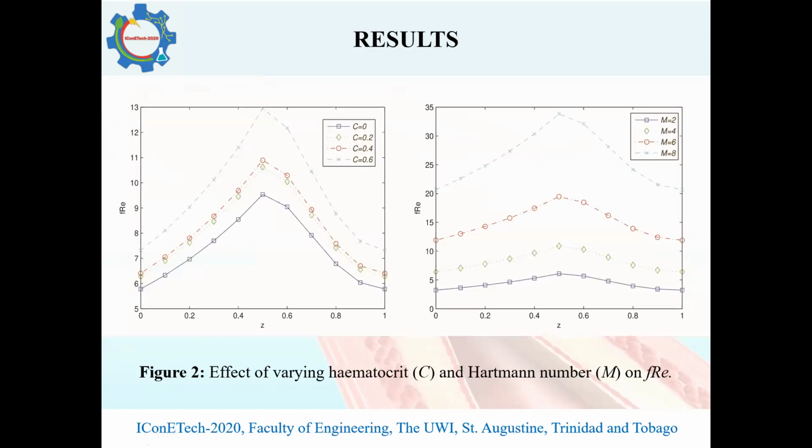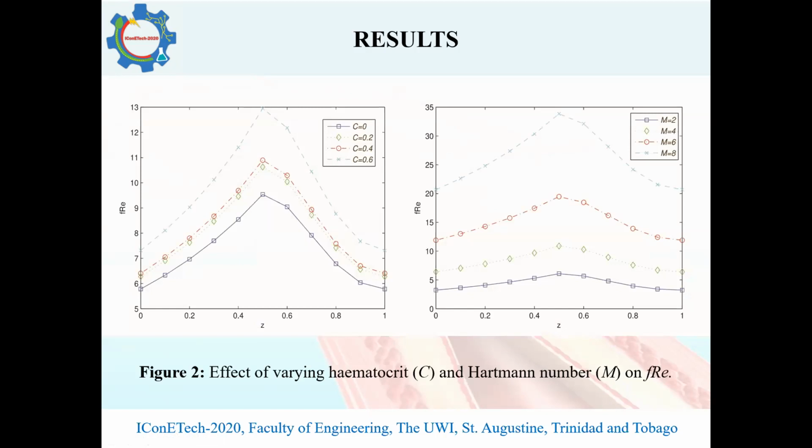What we noticed in our results for the friction factor Reynolds number, when we increased the haematocrit C and the Hartmann number M, is that increasing these variables resulted in an increase in the friction factor Reynolds number.